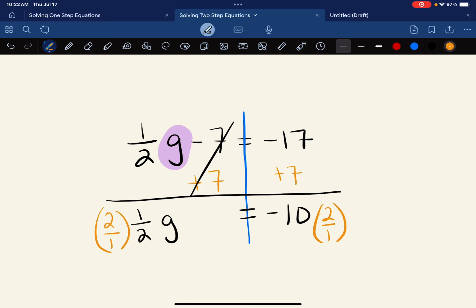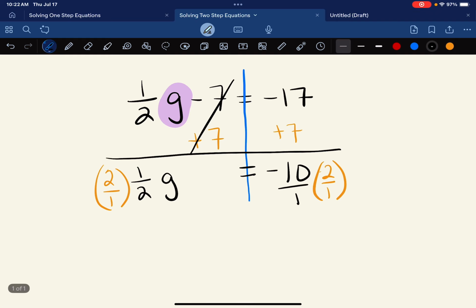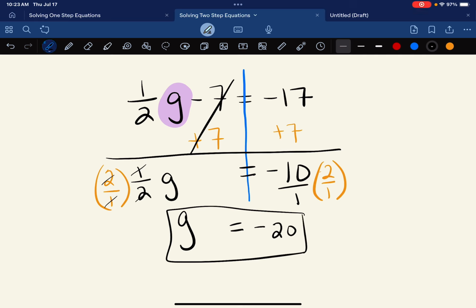And if you want to go ahead and make this negative 10 over 1, you can. All right, and remember, anytime we multiply a fraction by its reciprocal, everything reduces and we're left with 1g, or just g, equals negative 10 times 2 gives us a negative 20. So our g value is equal to negative 20.